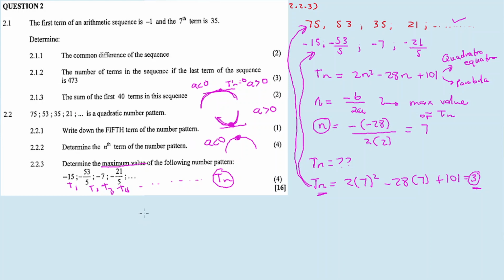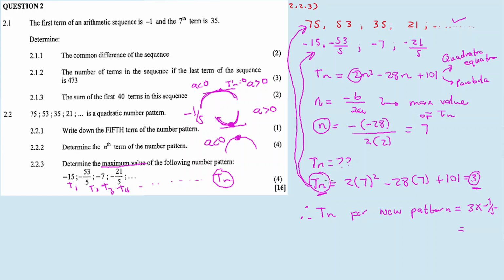How do I know? It's because of its multiplier. Every term in this sequence is multiplied by -1/5. That makes a negative as well. So therefore Tn for the new pattern will be equal to 3 times -1/5. So I use the n term for the old pattern, right?